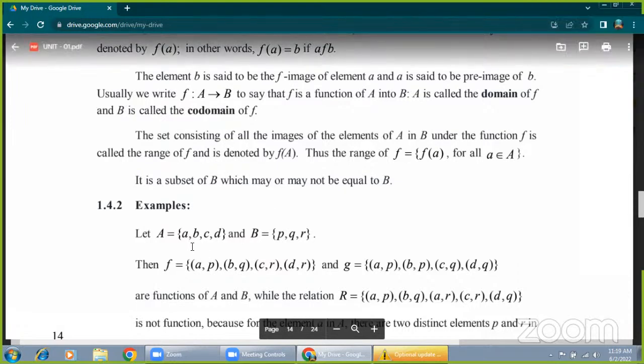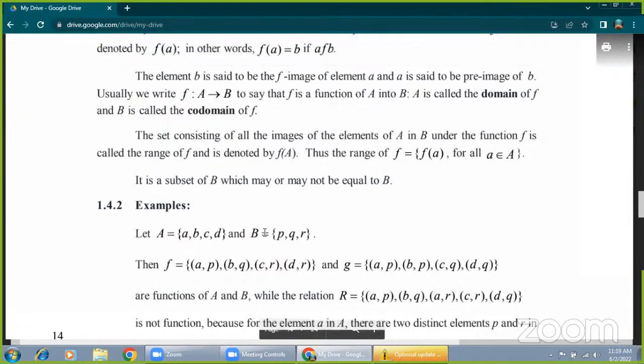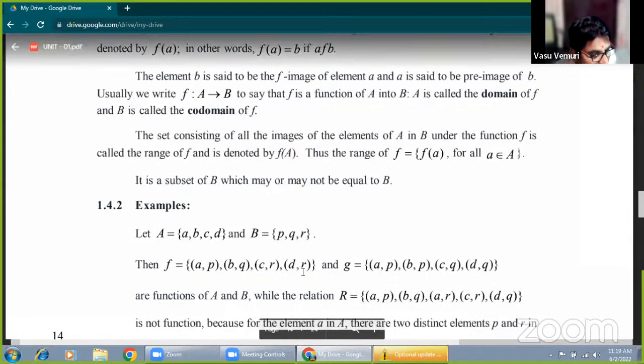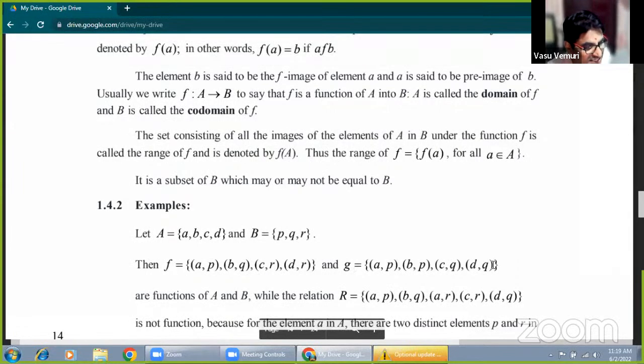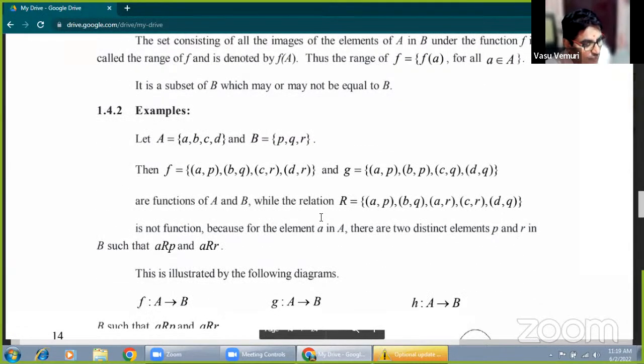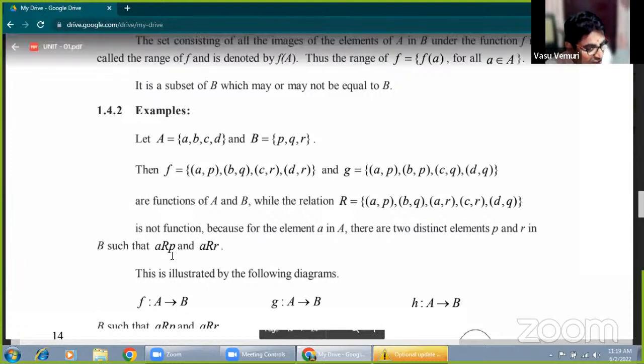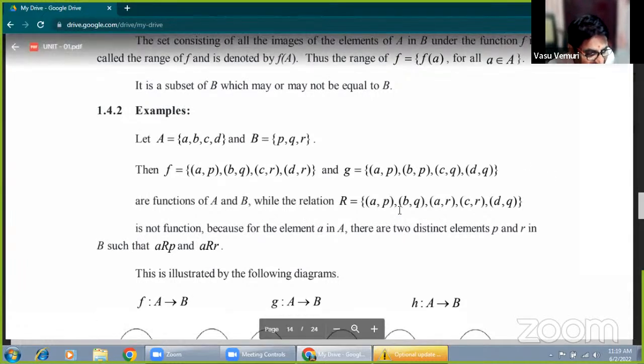What is the functional relation? AP, BP, CR and DR. This is the capital F. G is also defined here. That relation is denoted by capital R equals AP, BP, AR, CR, DQ. Now, is it a function?